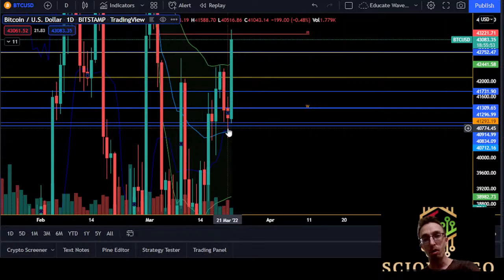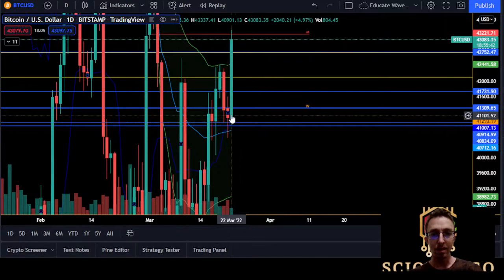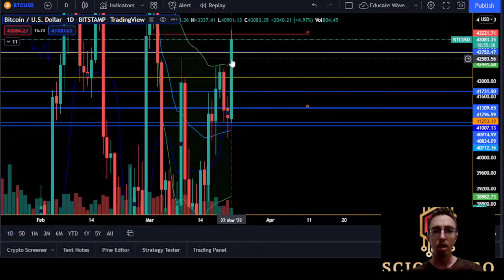If it gets too low, it'll get punished by confirming support with strength. And so sure enough, it confirmed strength here at this double line, and it just launched itself.